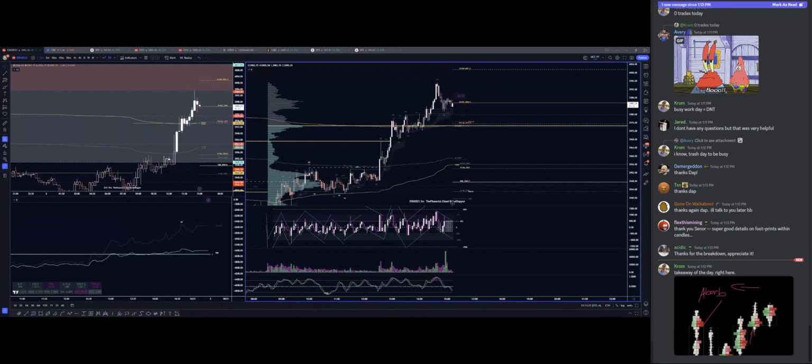Go explore it. I cannot push you guys hard enough to find what works for you. Just because something works for me, just because something works for Sig, does not mean it is the only way to do things and the only way to view things.